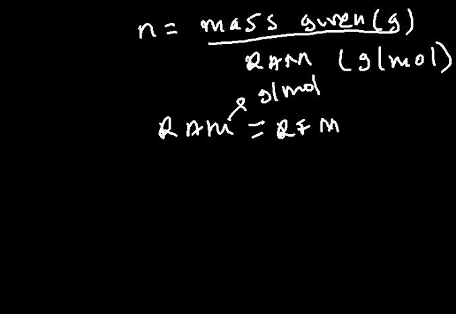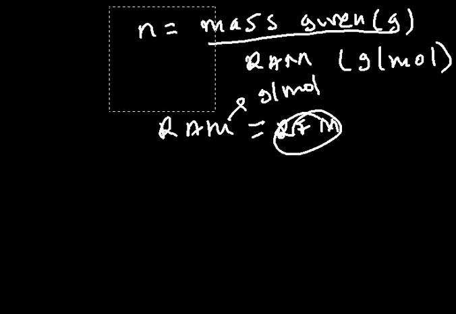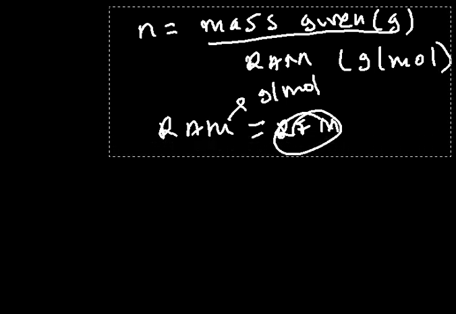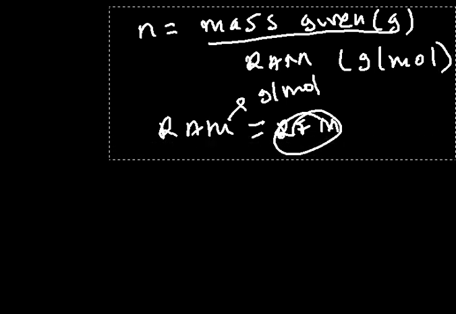Understand how to calculate the relative formula mass of a compound. In case you are not aware of that, refer to my video playlist, and I'll also put the link in the comment section below for you to have that context.